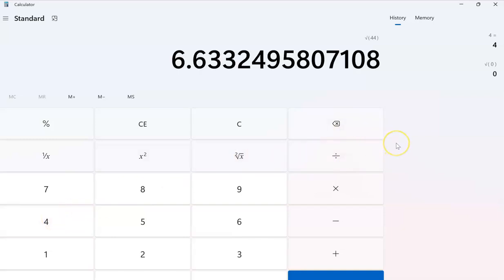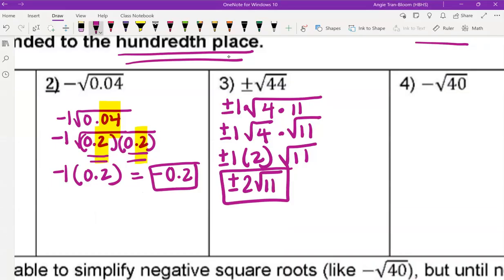And so that's going to give us, remember, it wants the nearest hundredth, so we want 2 decimal places. So 6.63. We want to look at the 3rd digit here, and if that's 5 or higher, then the second one goes up. But since this is 3, it's going to say 6.63. But remember we have the plus or minus in the front. So we're going to write plus or minus 6.63 and box that up.